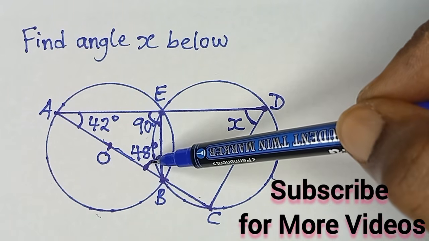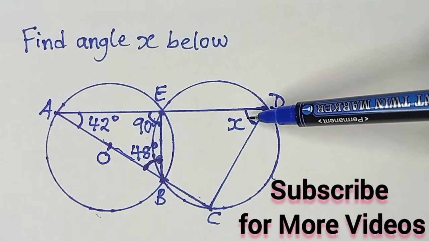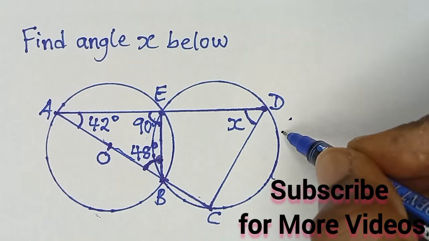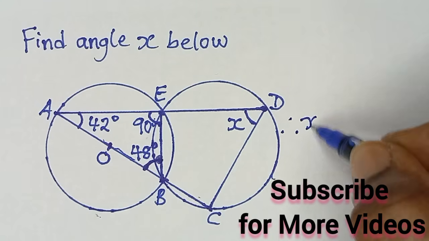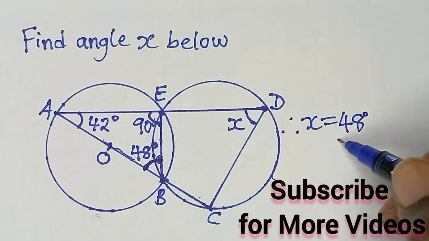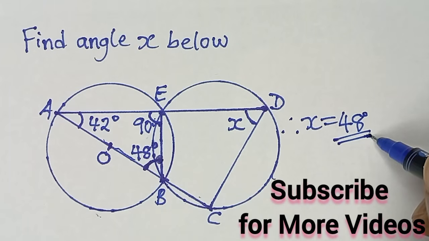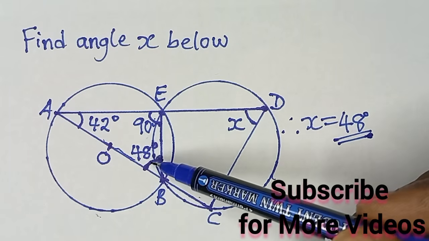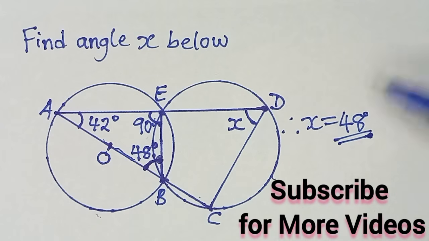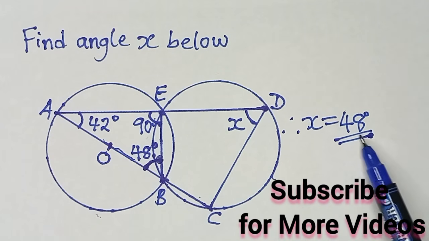This exterior angle is equal to the opposite interior angle. So in conclusion, without wasting time, I can simply say X is equal to 48 degrees. And I've already told you the reason that the exterior angle of a cyclic quadrilateral is equal to the opposite interior angle. And that gives us the final answer.